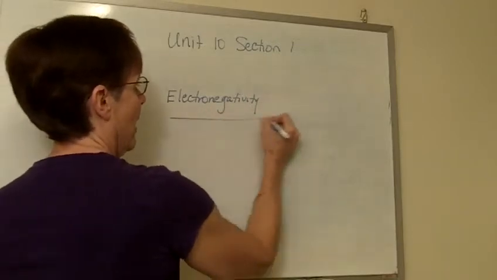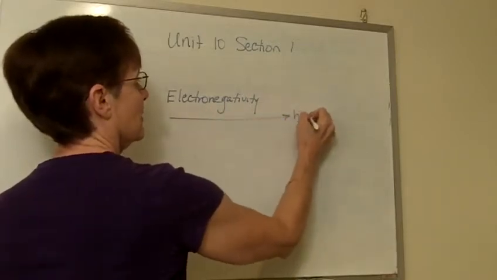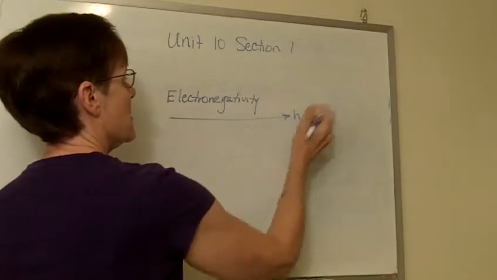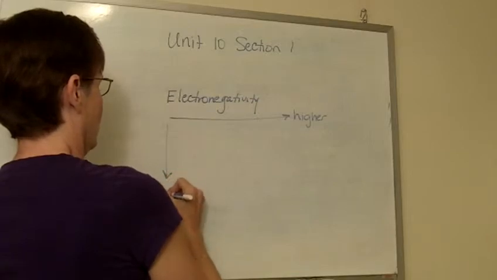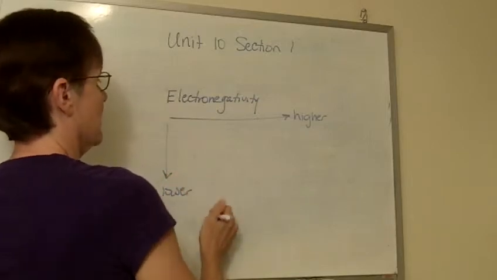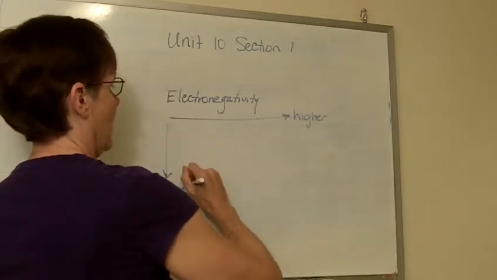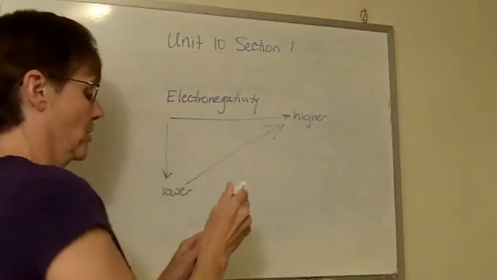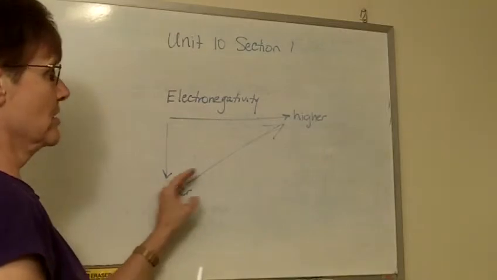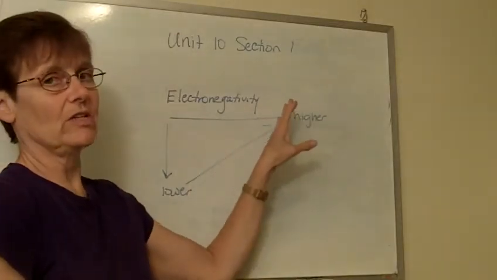Electronegativity gets higher going this way, and it gets lower going this way. So we could actually say that overall we have a trend going in this direction, where the lowest electronegativities are here and the highest electronegativities are over here.